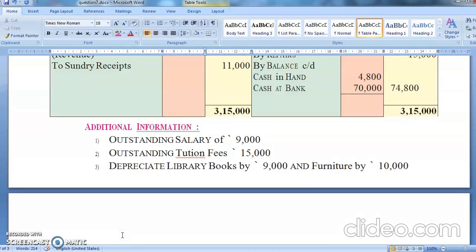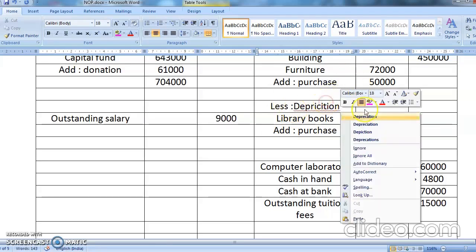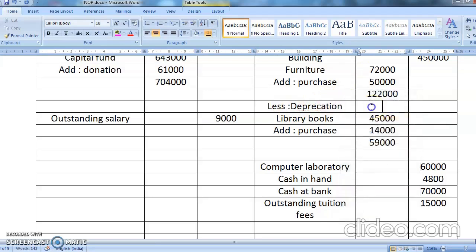Last but not the least, there is a depreciation for library books and furniture. So as you know very well, depreciation is always minus. So you'll be minusing here, less depreciation. The depreciation of furniture is 10,000, directly given to you.